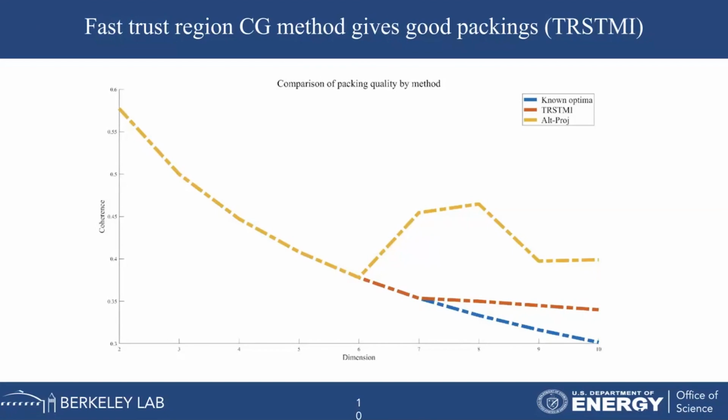There's a known optimal packing quality, which is measured by this coherence. The lower the coherence, the better the packing. Neither the alternating projection nor the Trust MI method attains the known optimum, but the Trust MI method is better for quality.